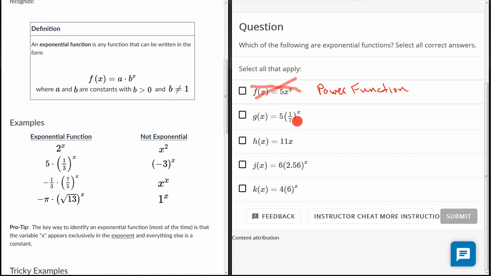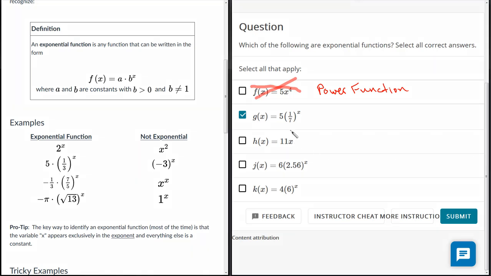So even though it's a fraction, which might look a little bit scary, that's okay. An exponential function can have a fraction as its base, as long as the fraction is a positive number. So this one's legit. That is an exponential function.